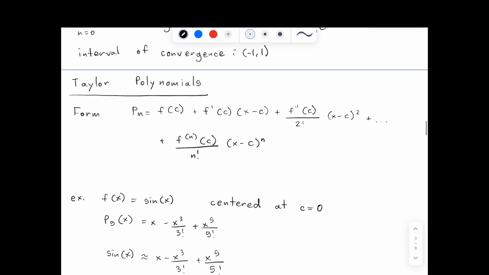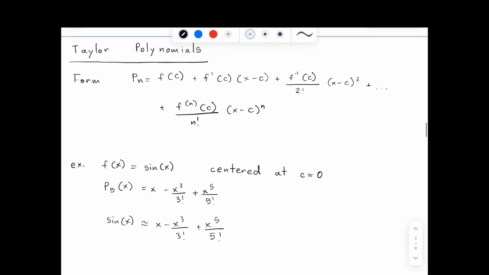Now, the next concept I want to remind you of, or you may have seen this, or this may be the first time you're seeing this, are Taylor polynomials.